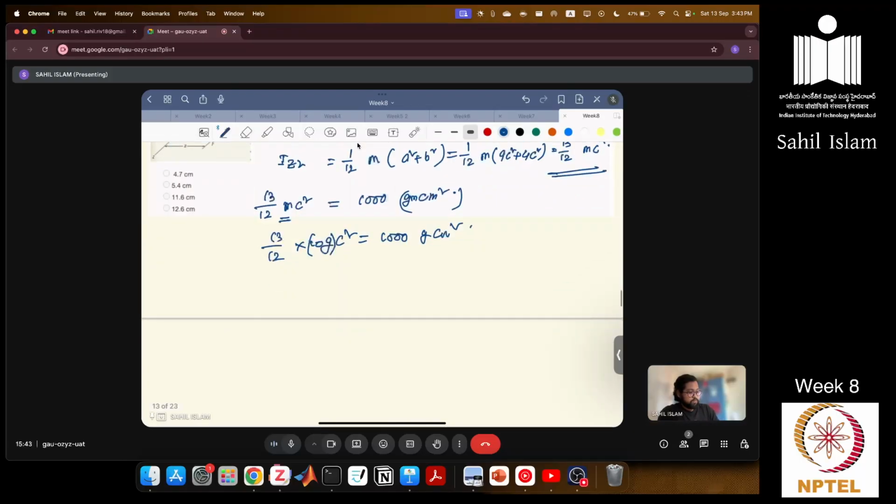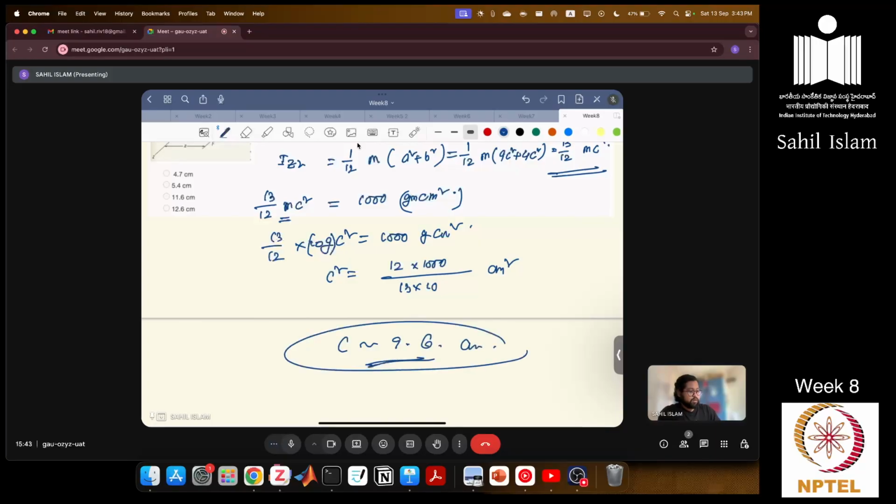So c square becomes 12 times 1000 by 13 times 10 cm square. So c is the root of that, approximately 9 point something centimeter. None of the above matches, so we'll just choose maybe 11, the closest one.